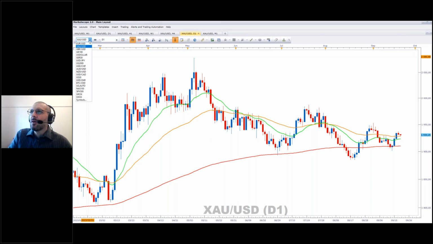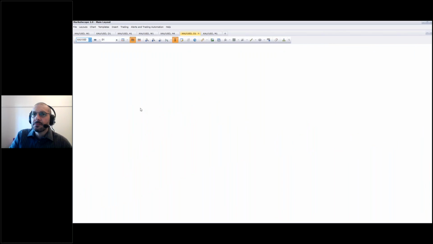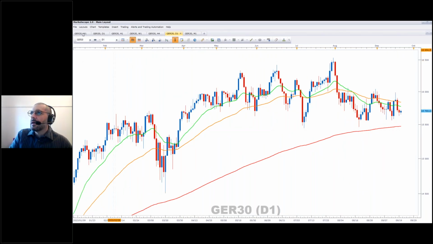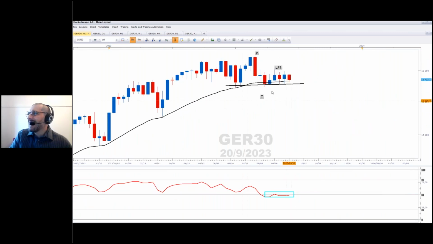All right, let's just take a quick look, see what's happening with the DAX. DAX to me really just been moving sideways since April, hasn't it? No volatility.